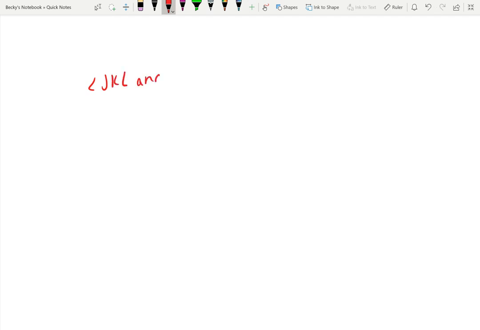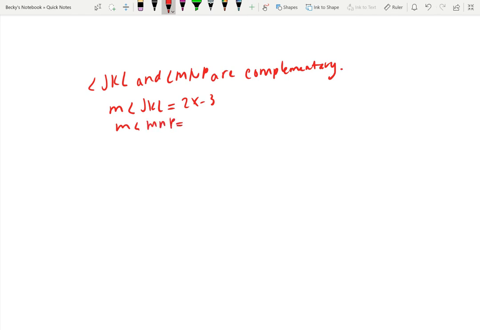So I have two angles here, and they are complementary. And the measurement of angle JKL is 2x minus 3, and the measurement of angle MNP is 5x plus 2. What we need to do is find the measure of each angle.